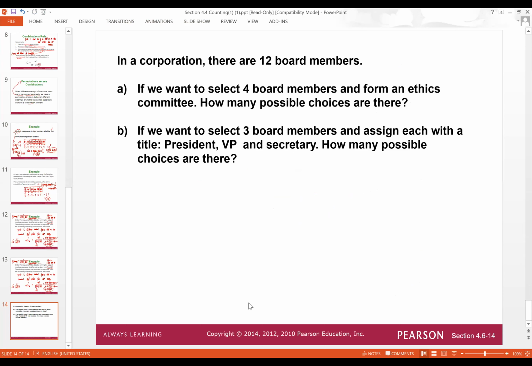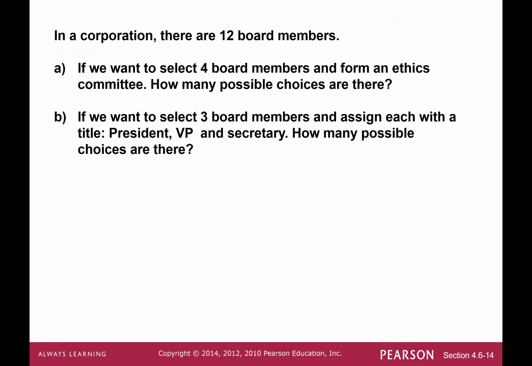It doesn't allow me to write, so let me just try to fix it. Okay, here we go. So you're picking 4 board members out of a total of 12, right?